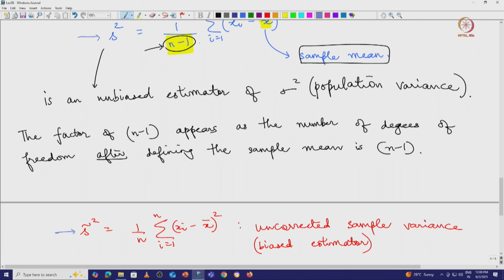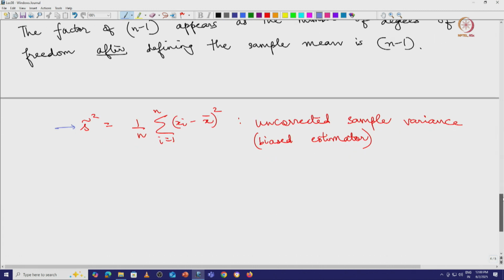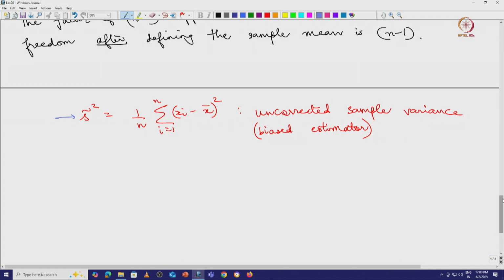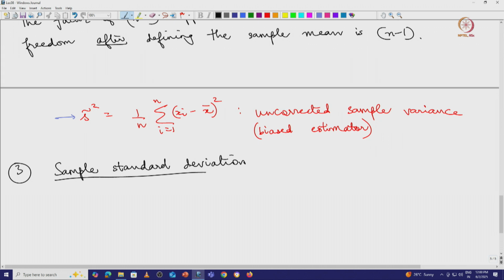Okay. So, with that we can define the sample standard deviation, which is quite straightforward. Now that we have defined the sample variance, the sample standard deviation is simply the square root of the sample variance.